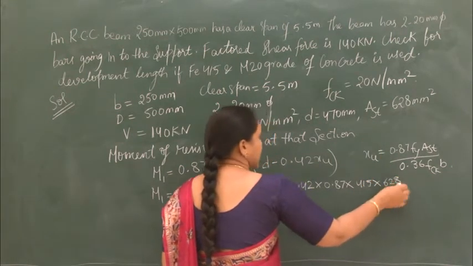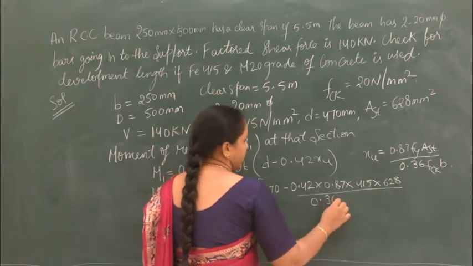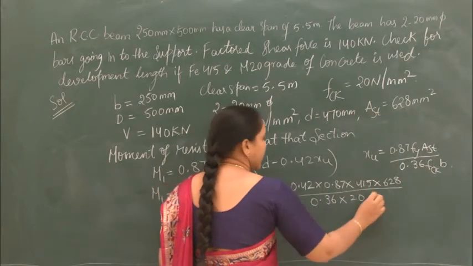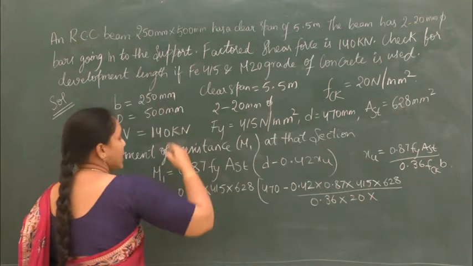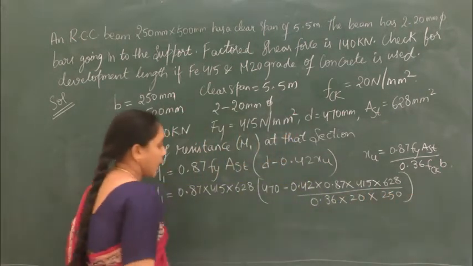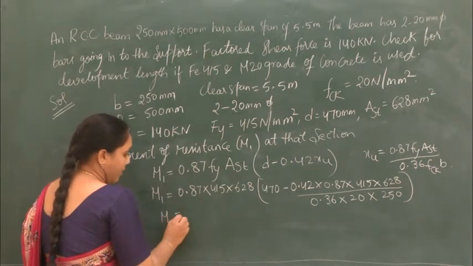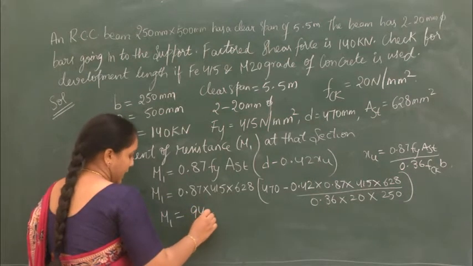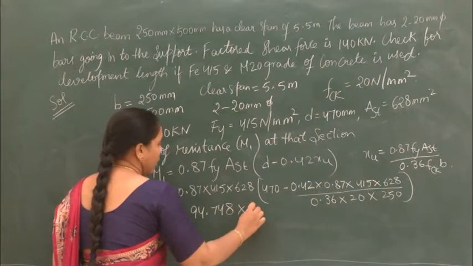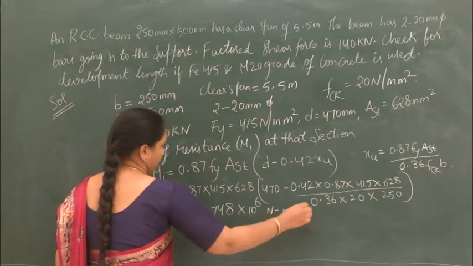It is 628 divided by 0.36 into FCK. How much is FCK? It is 20 into B. How much is B here? B here is 250. So if you solve this, we will get a value of M1 as 94.748 into 10 to the power of 6 Newton.